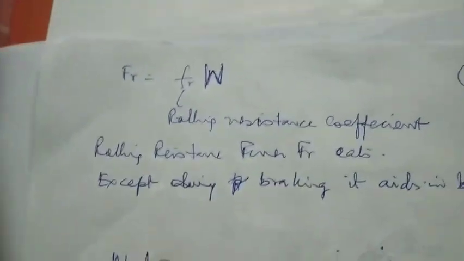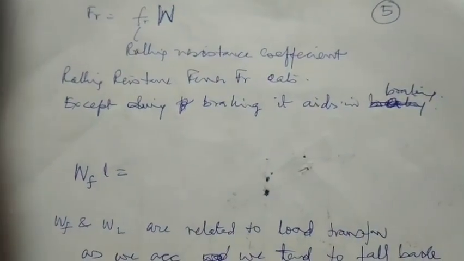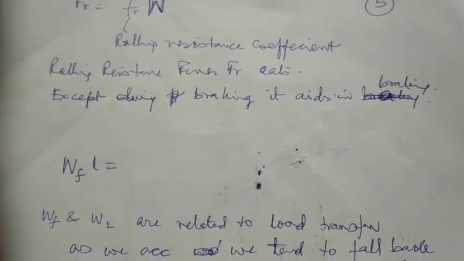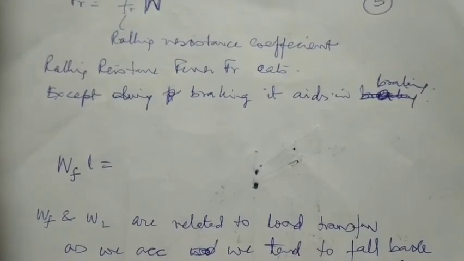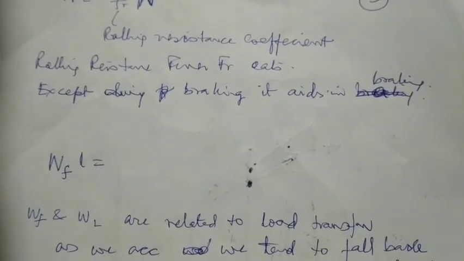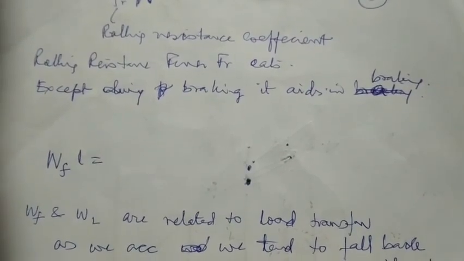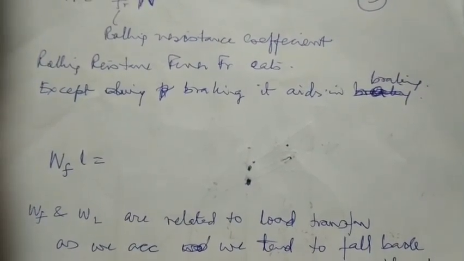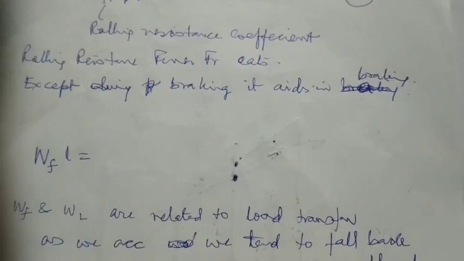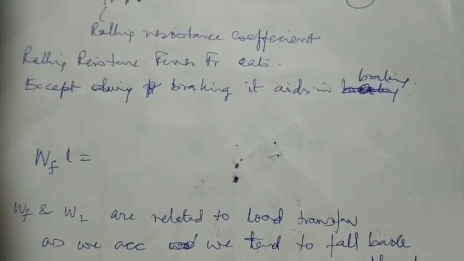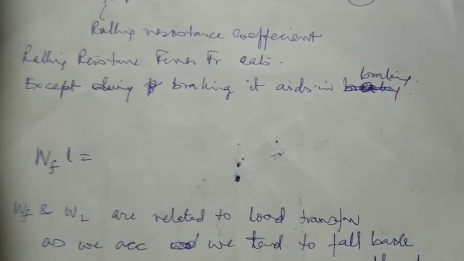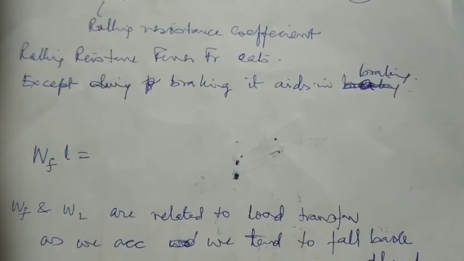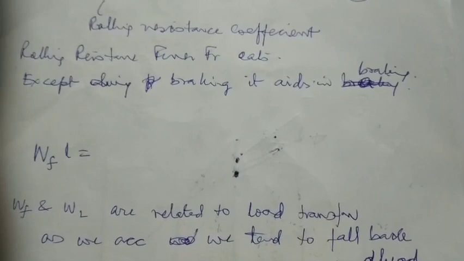Now you must know it in an interesting manner: if we are rolling and suddenly we want to apply the brake, then this rolling friction, this rolling resistance, aids in braking. So rolling resistance is an aid when we are trying to apply the brake on the vehicle.